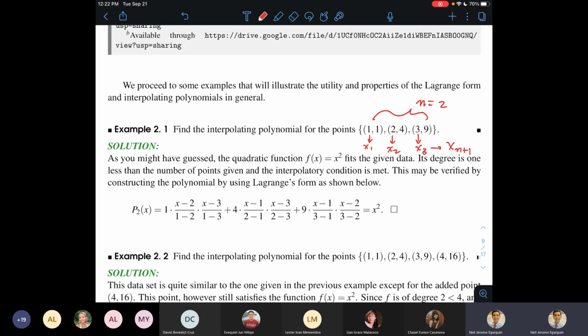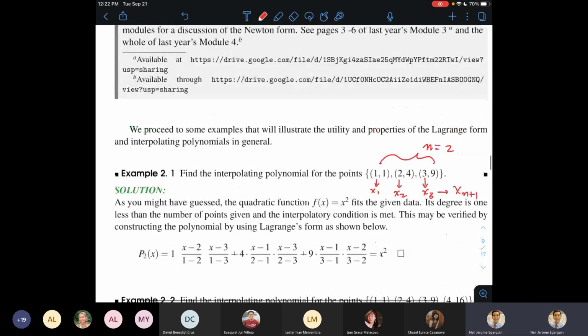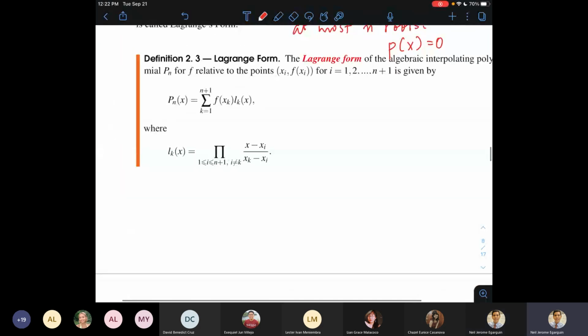Okay? Kasi meron akong 3 data points, so laging minus 1 yung maximum degree. 3 data points, I will have an interpolating polynomial of degree at most 2. Okay? And how do I get that? Well, sundin nyo lang yung formula ni Lagrange. Yung function value, i-multiply mo sa Lagrange polynomial.